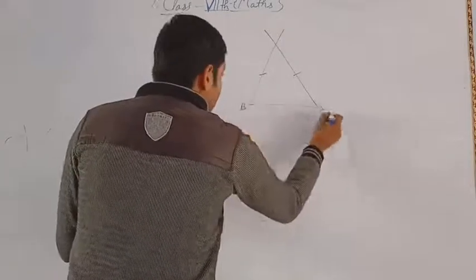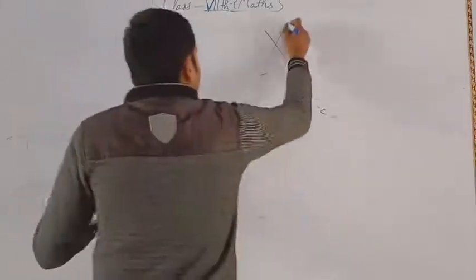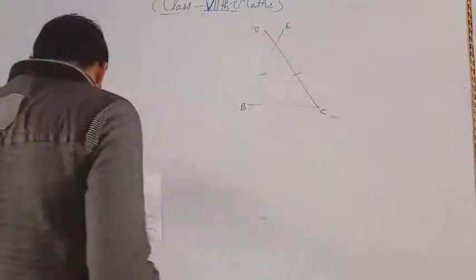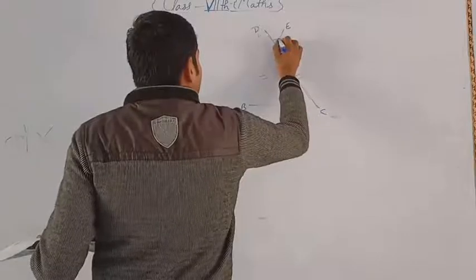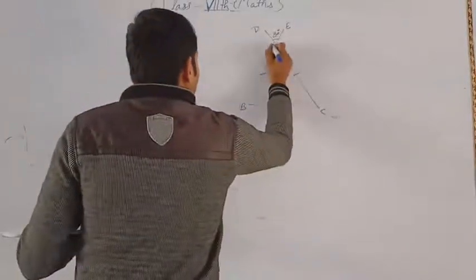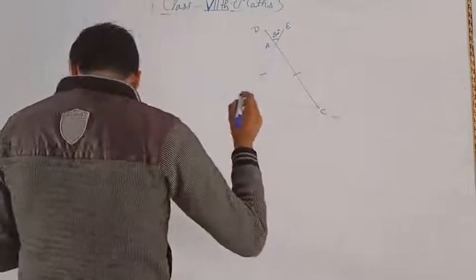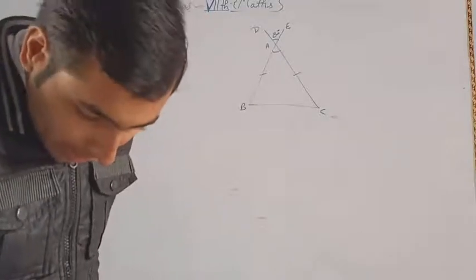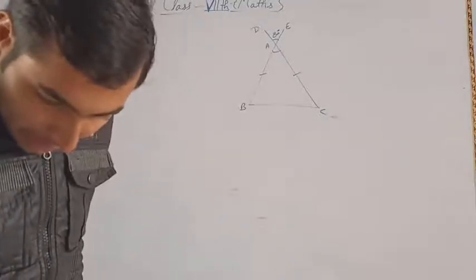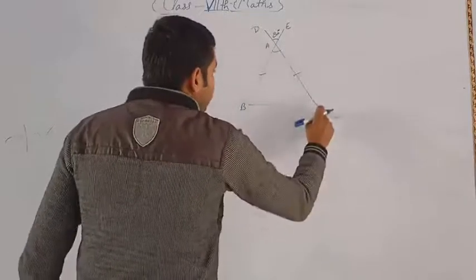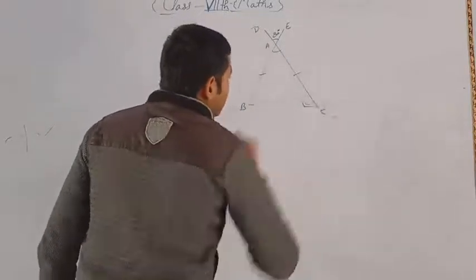Here is B, this is C, and this is E. This is D, and this is given as 80 degrees. This is A, and we have to find angle ACB and angle BAC. First, we have to find angle ACB.